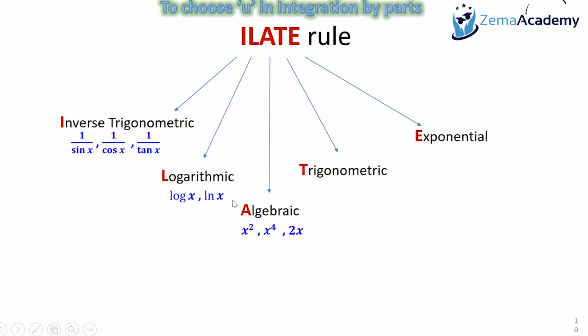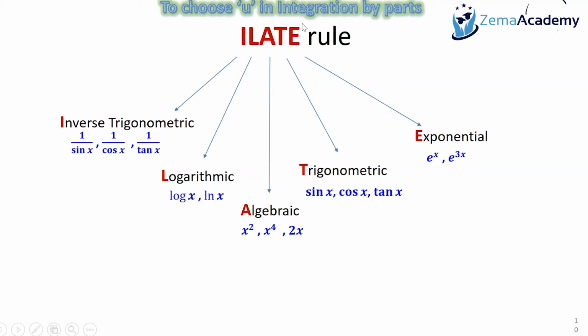Or it could be an algebraic term like x square, x to the power 4, 2x, 3x, 1 over x. All of these are algebraic functions. Then the trigonometric functions, which are simply sin x, cos x, tan x. And then the exponential function, which could take the form e to the power x, e to the power 3x, or e to the power minus x. These are some examples of the functions.